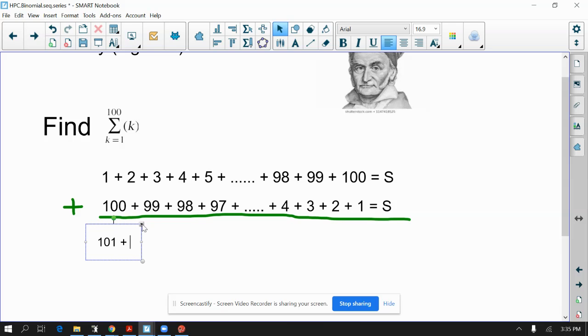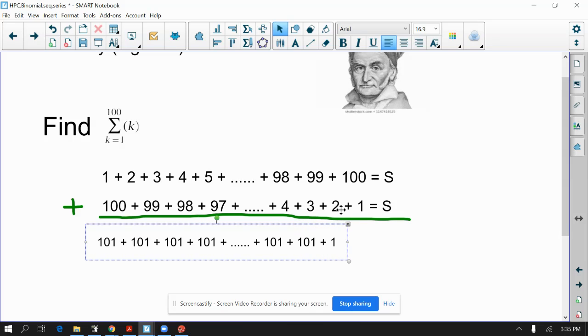Then you would take 2 plus 99 and get 101. Then 3 plus 98 and get 101. 4 plus 97 is 101. And this continues all the way down the line until you get 98 plus 3, which is 101, plus 99 plus 2. You get the idea.